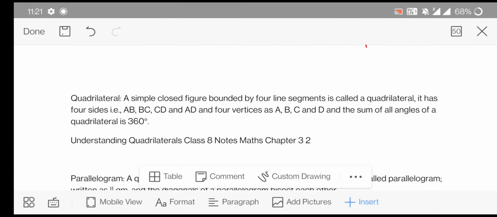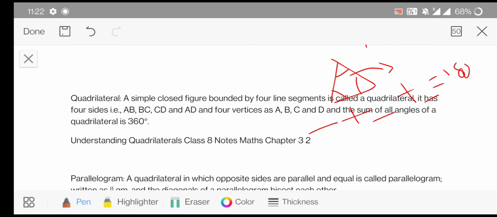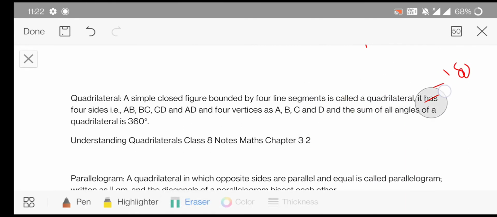Now you have studied the angle sum property for the triangle. Means in a triangle there are 3 angles. So what is the angle sum property of the triangle? The angle sum property of the triangle states that the addition of all the 3 angles is 180 degrees. So similarly we will have the angle sum property for quadrilateral also. And quadrilateral means how many sides?